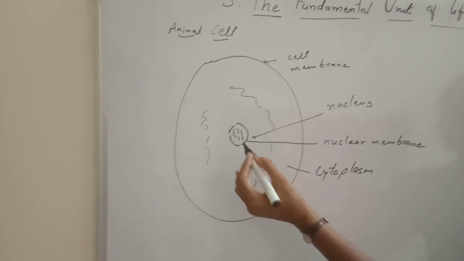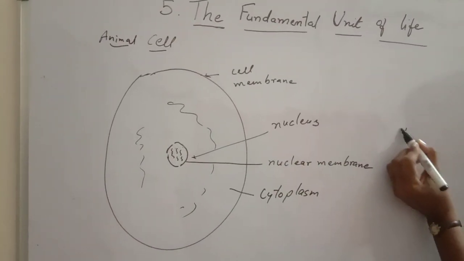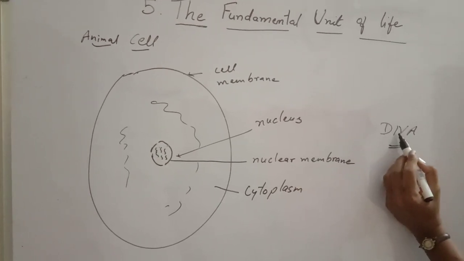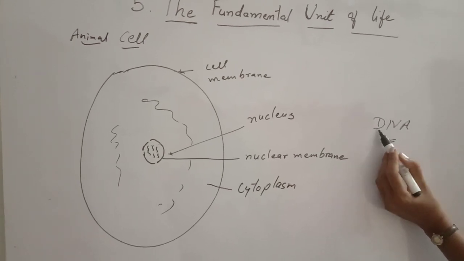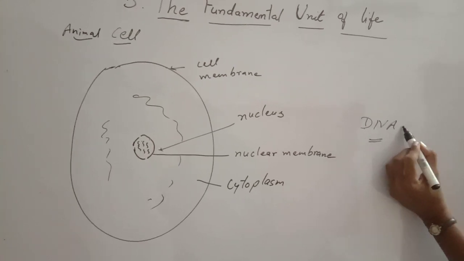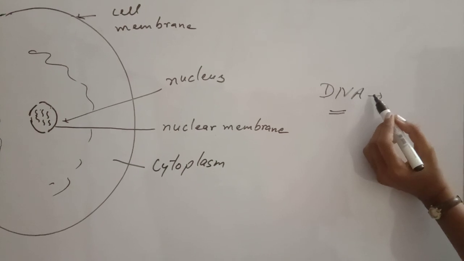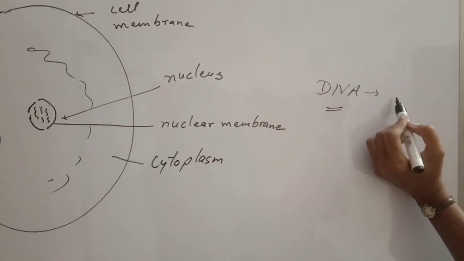Now these chromosomes contain DNA, that is deoxyribonucleic acid. Again, DNA, deoxyribonucleic acid. Now this DNA is responsible to carry the hereditary material from parents to offspring.